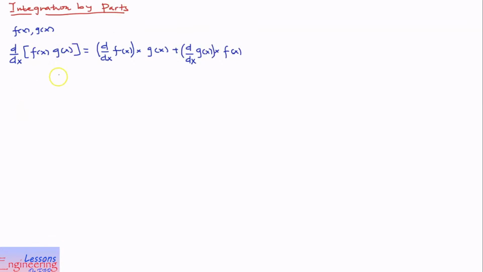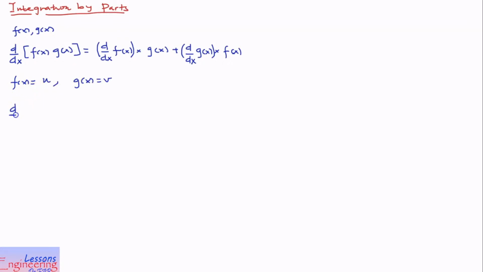Now we can go ahead and simplify this. Let's assume f of x is u and g of x is v, for the sake of simplifying that line.